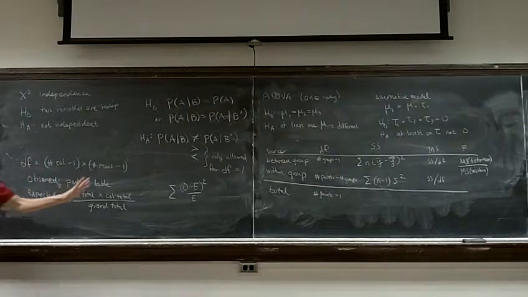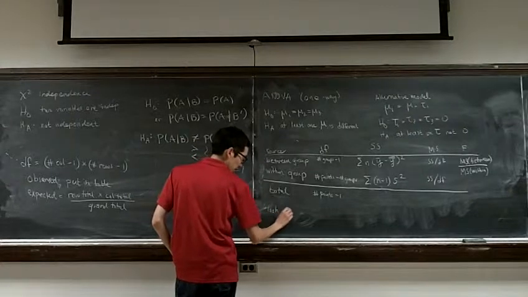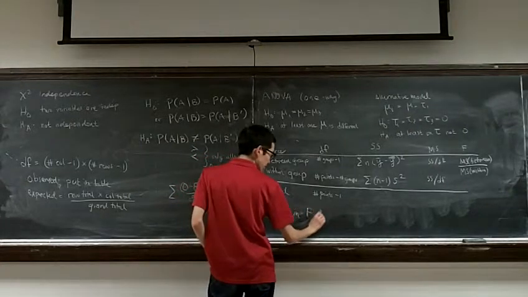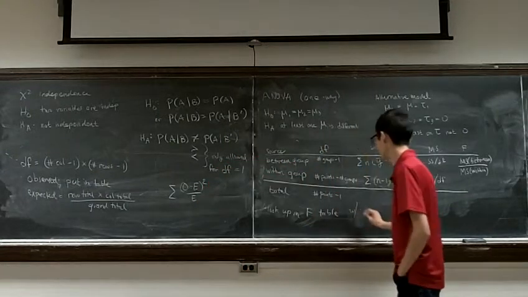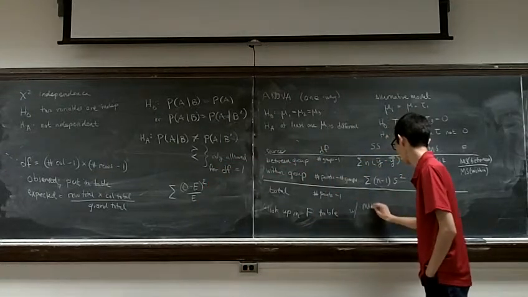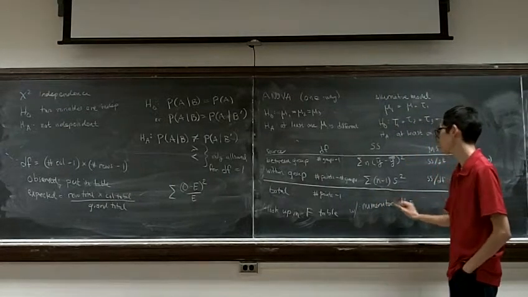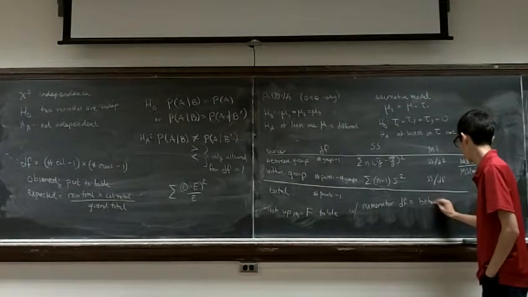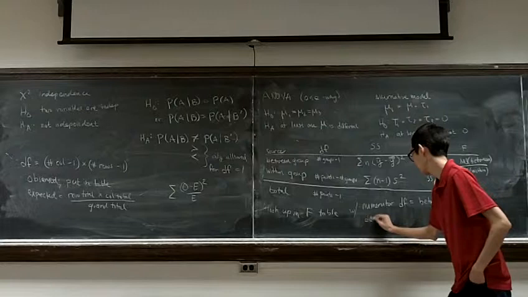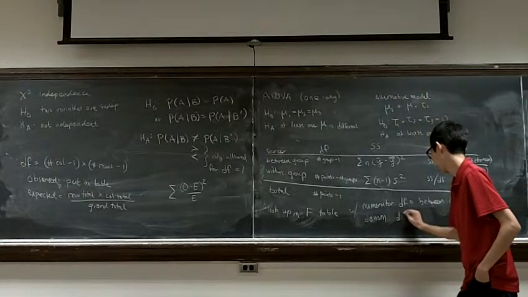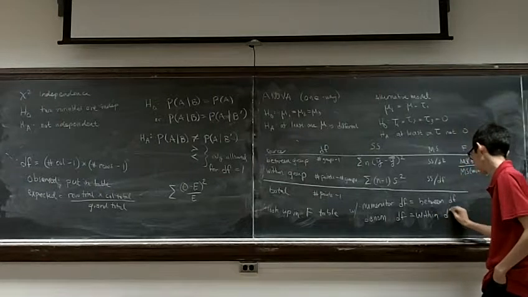And you go and you look up your F in the F table with numerator df equal to the between group df and the denominator equal to the within group.